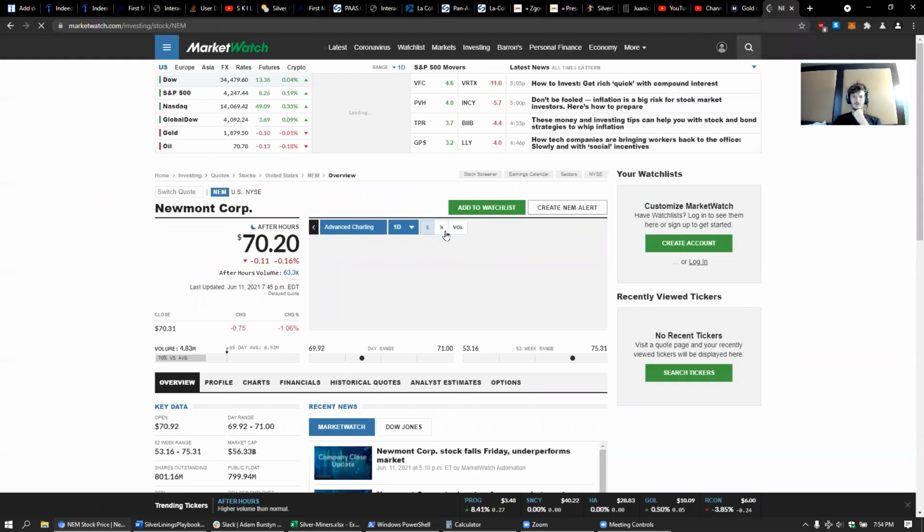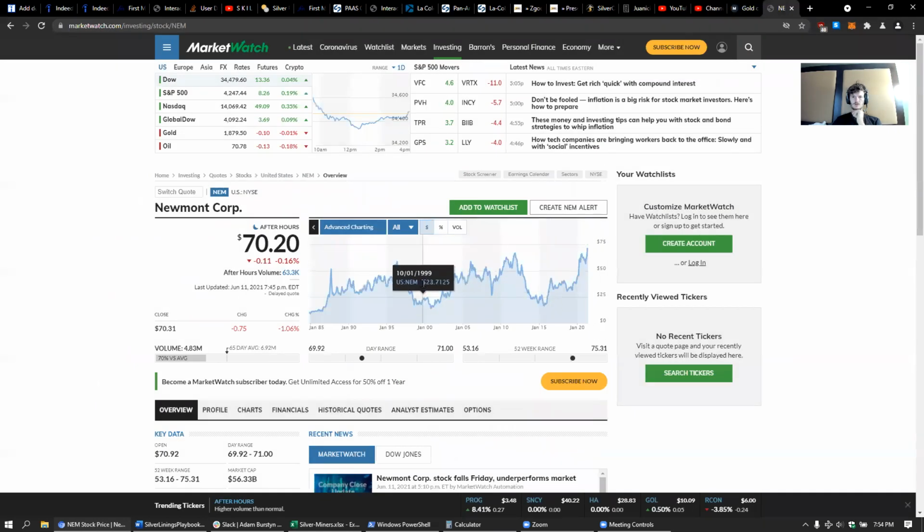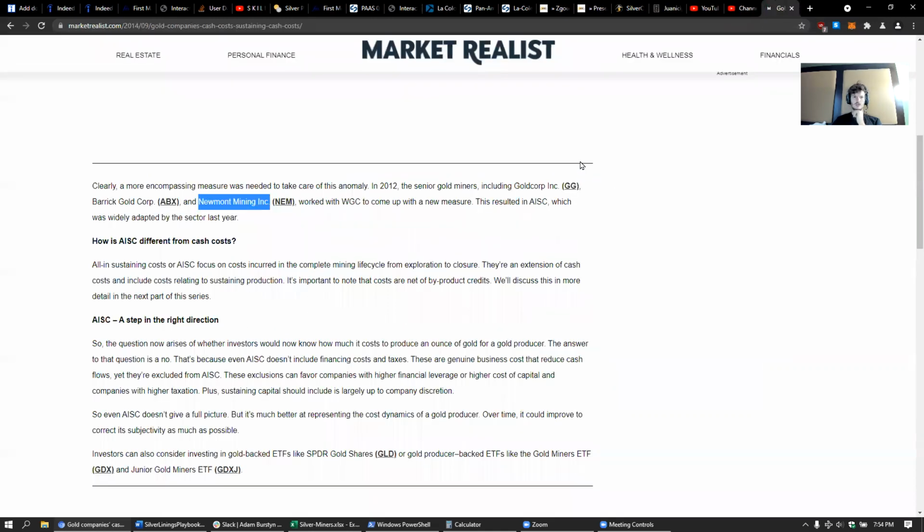Fair enough. Well, I mean, it's been around for a while. Anyhow, they worked with the WGC to come up with a new measure. This resulted in AISC, which was widely adopted by the sector last year.